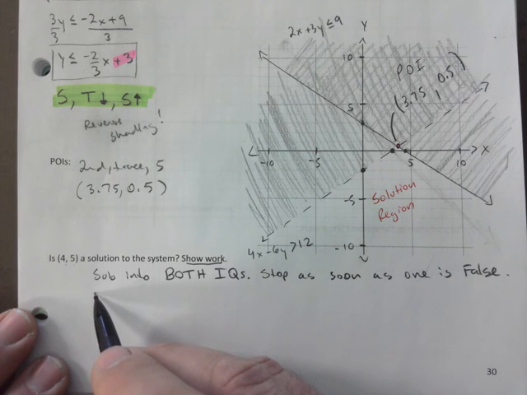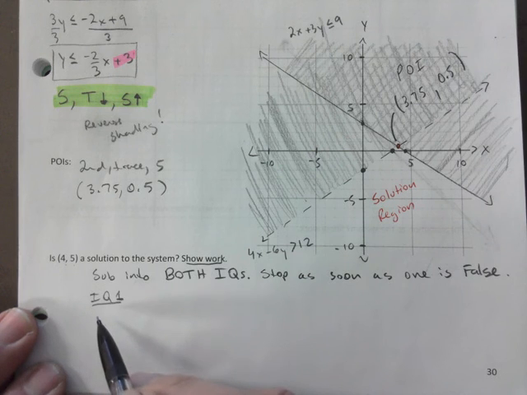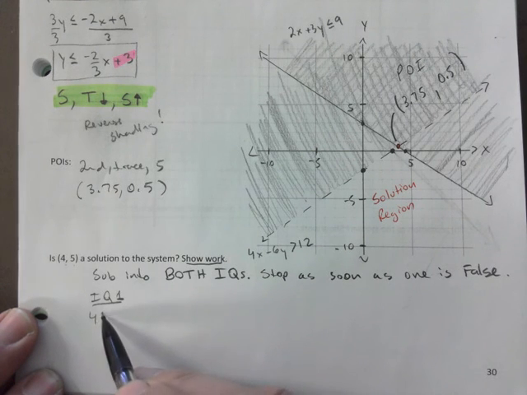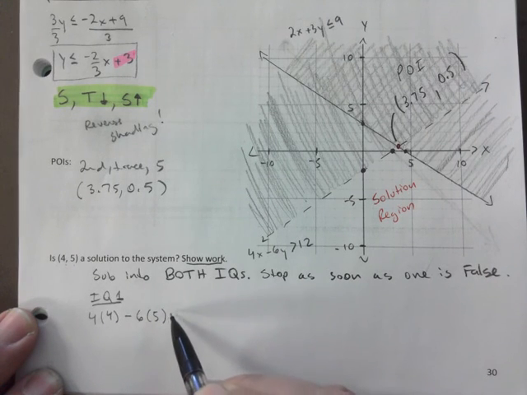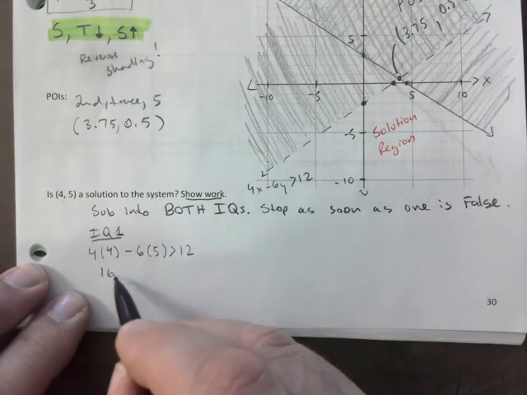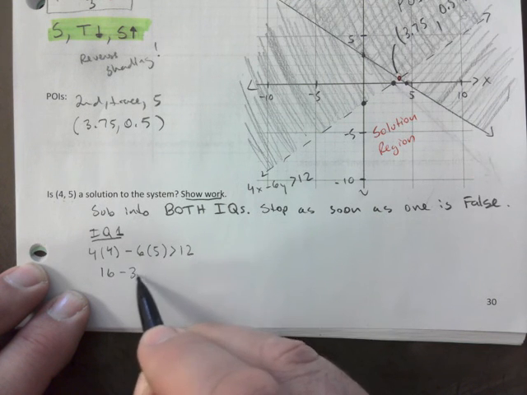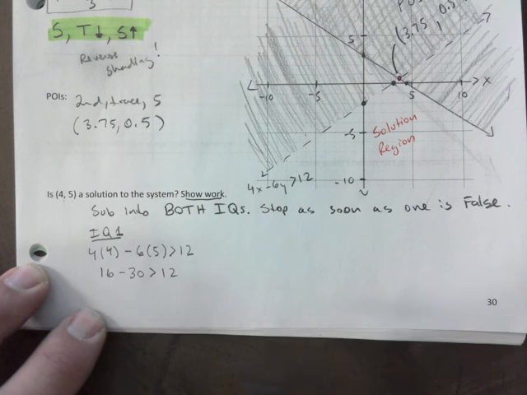So inequality 1, we're going to substitute into that one. And that was 4 times 4 minus 6 times 5, and that is greater than 12. So that's 16 minus 30 is supposed to be greater than 12.